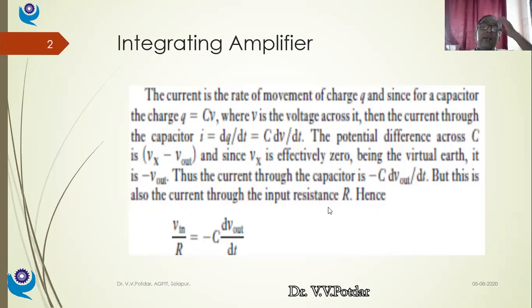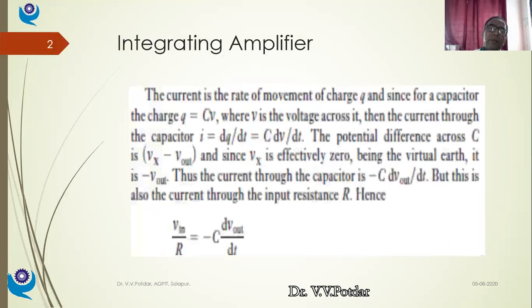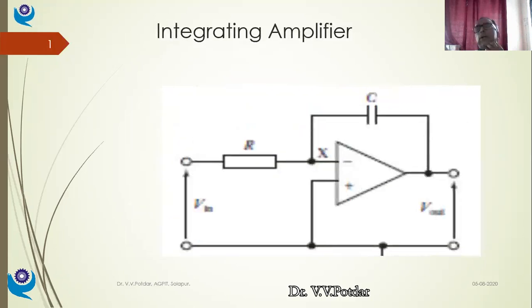So what I told you, this I on the input loop is V in upon R, and this I across the output through the capacitance is, as I told you just now, I is equal to CD into dV out.